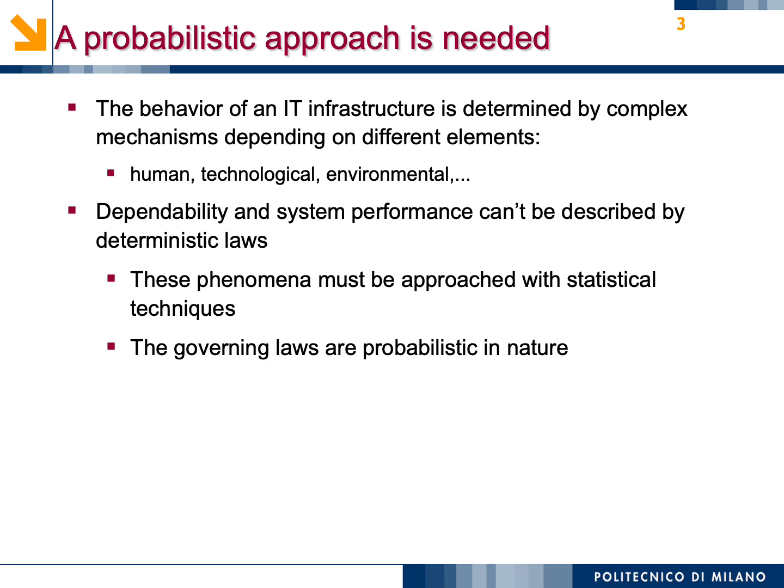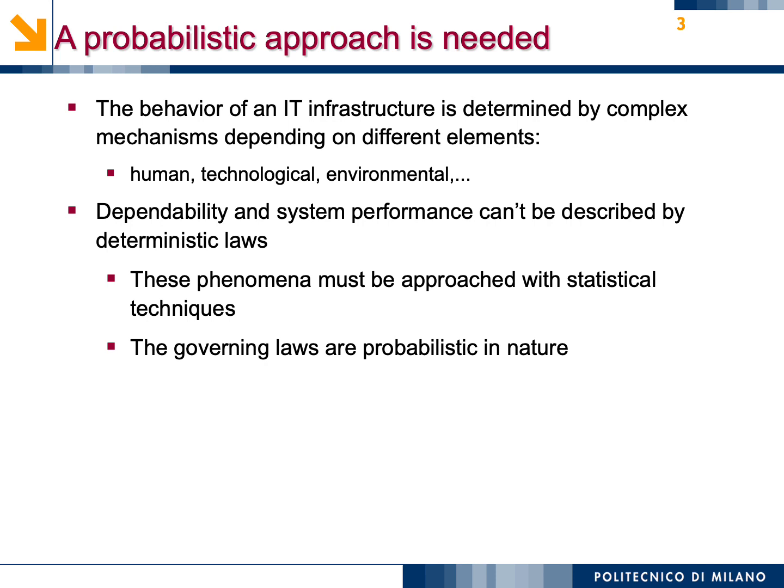When we want to describe the behavior of an IT infrastructure, we have to consider different interactions and different elements that do not always act in a deterministic way, or they have complex mechanisms that are difficult to be explained at the system level. We can consider as an example the human factor, or the interaction with the environment, or technology-related effects such as the aging of components.